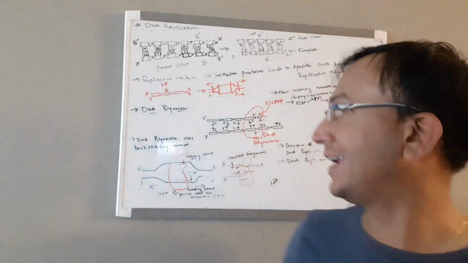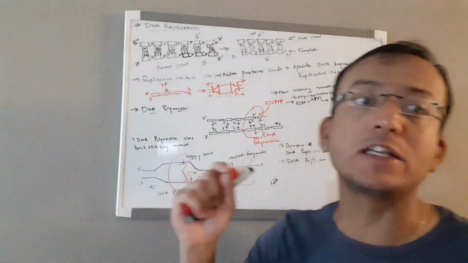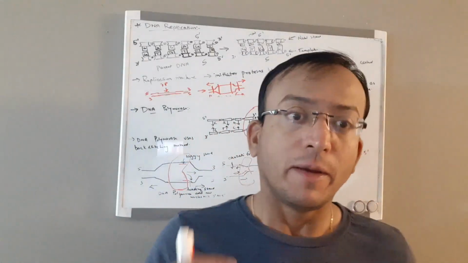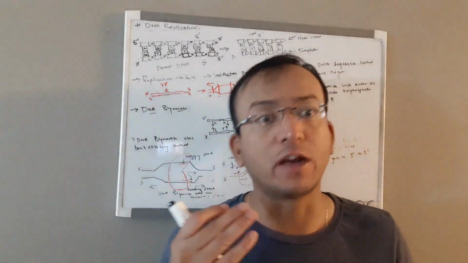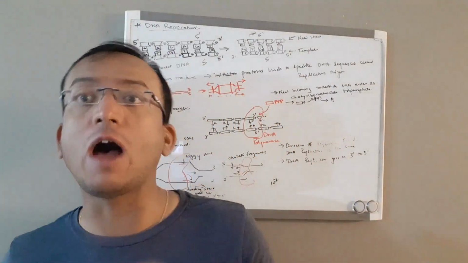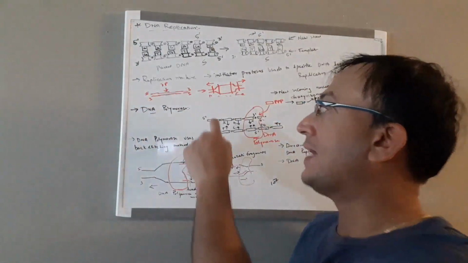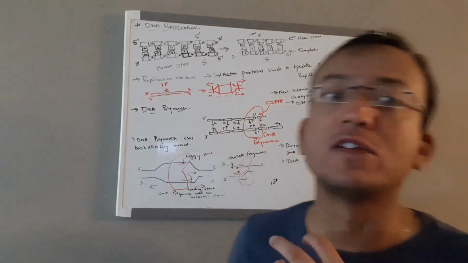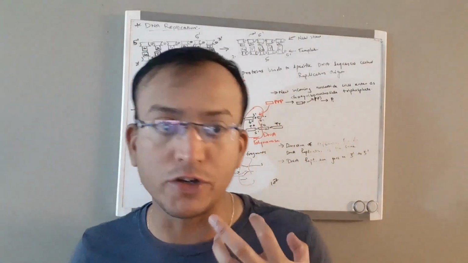So whenever such incorrect base pairs are formed, much less frequently than the correct ones, if they are allowed to remain on the DNA strand, they would result in the accumulation of mutations.